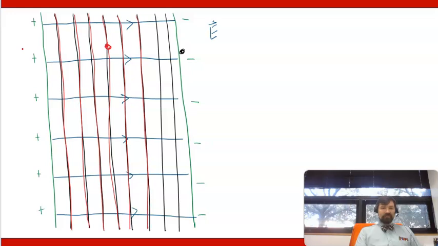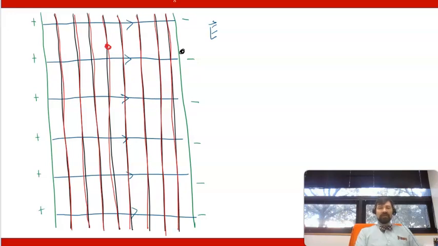And so what you could do in principle is move the red probe up and down the field line, and you'll just get the same voltage reading everywhere on this equipotential line.